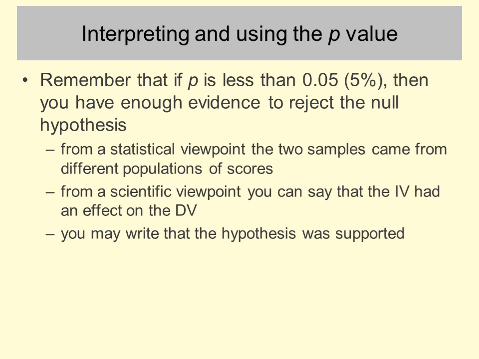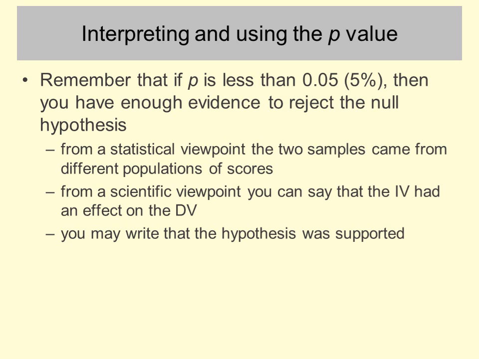Remember, the null hypothesis is like a criminal who's accused of a crime, and you put them in the court, but they are innocent until proven guilty, and you need quite a lot of evidence to prove them guilty. It's not just enough to have a bit of evidence. It has to be beyond all reasonable doubt, and that's why we insist on having p less than 0.05 to reject the null hypothesis.